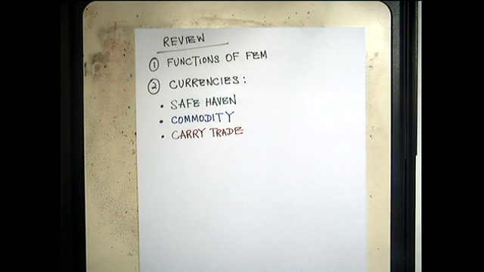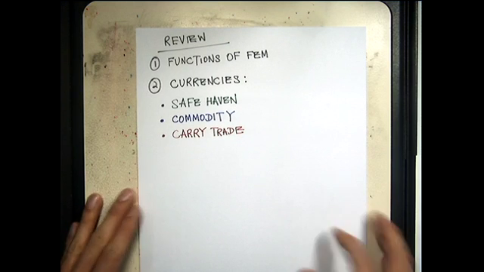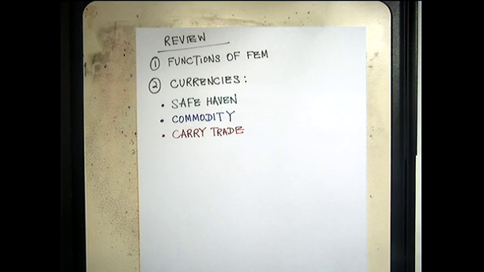So for instance, the Aussie dollar tends to move in tandem with the commodity cycles because this country exports a lot of primary commodities like iron, uranium, etc. Other examples of commodity currencies include the South African rand, Canadian dollar, and even the Kiwi.